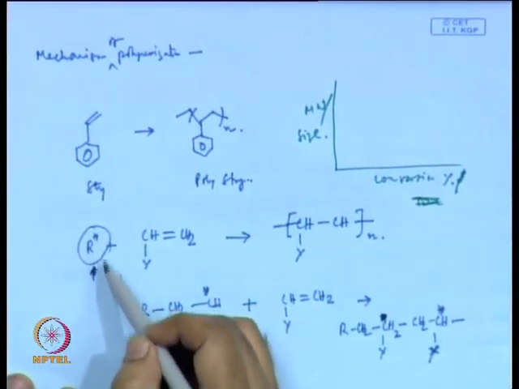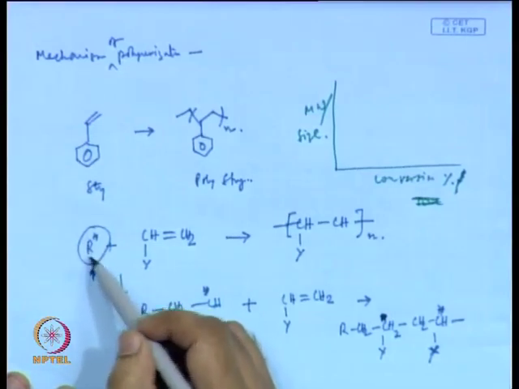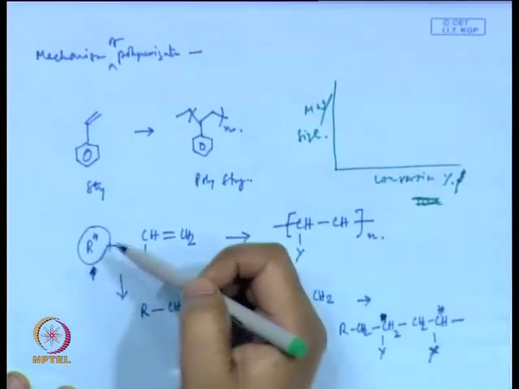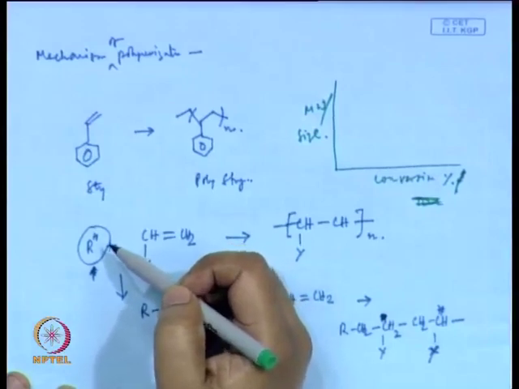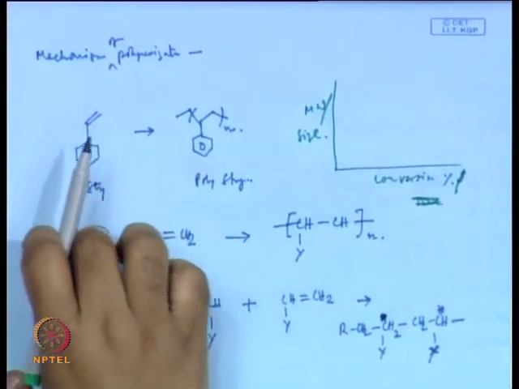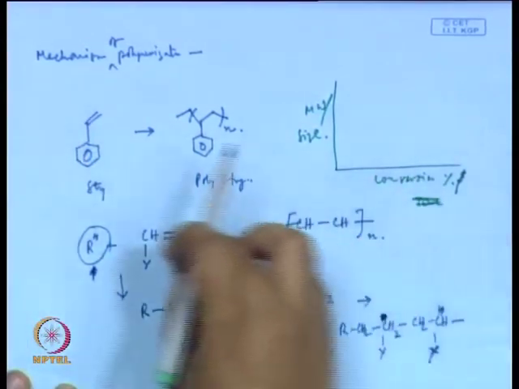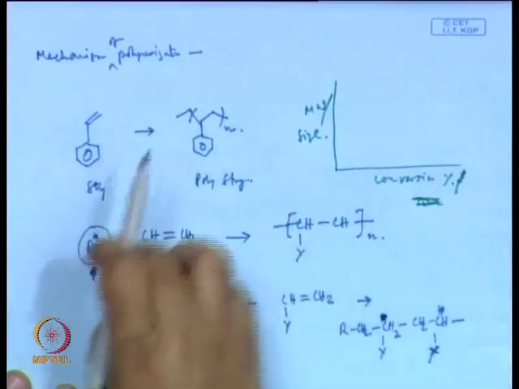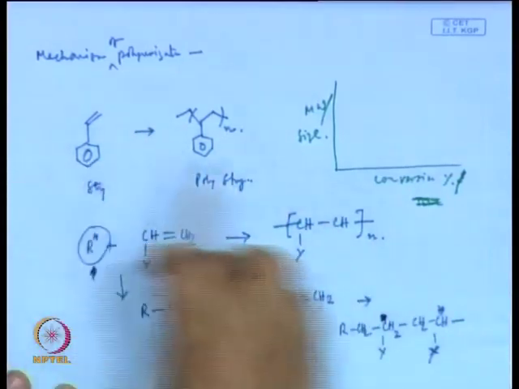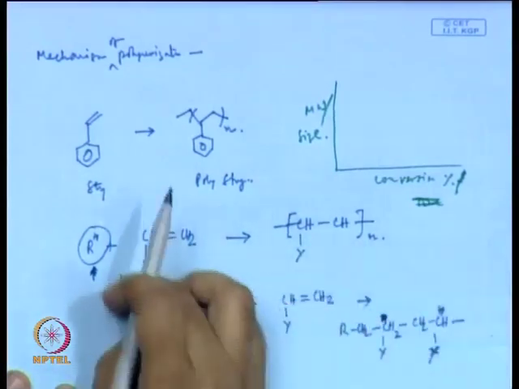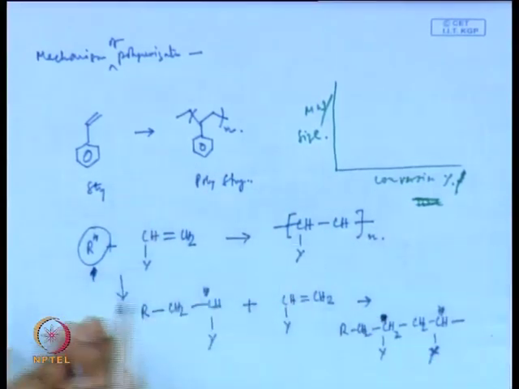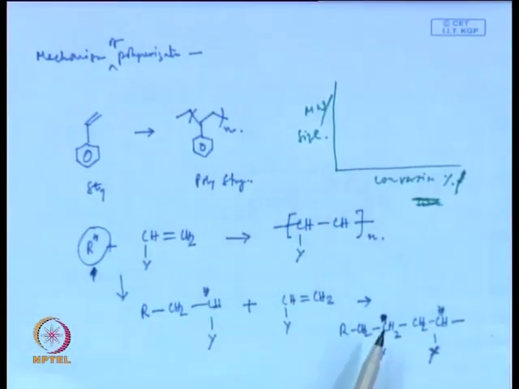So, at the beginning, as soon as the initiator is formed, in most cases, as I said, it immediately starts the activation and initiation and then completes the chain. So, at the beginning itself you have large molecular weight.